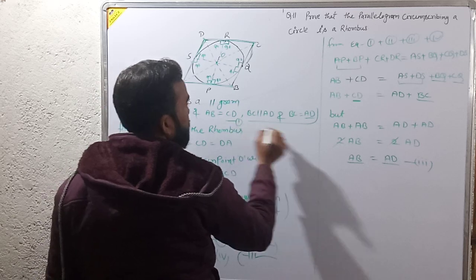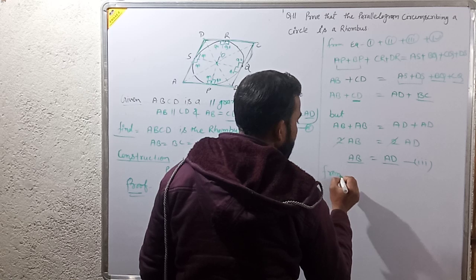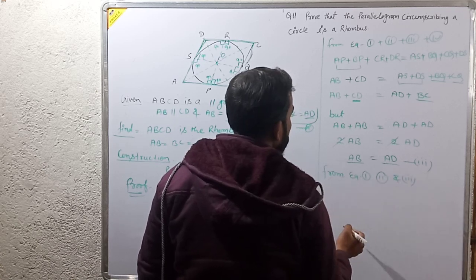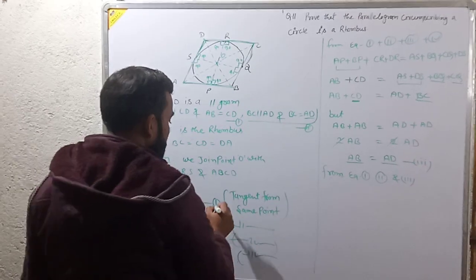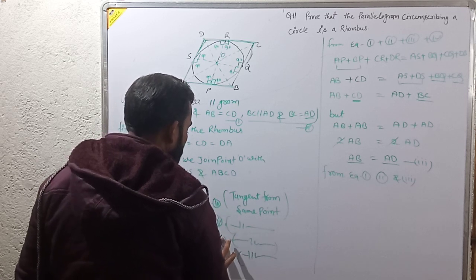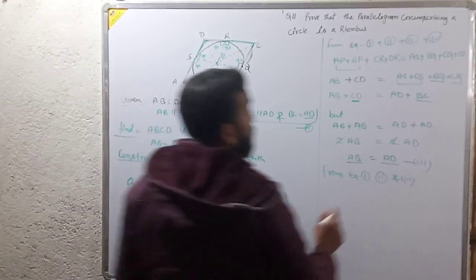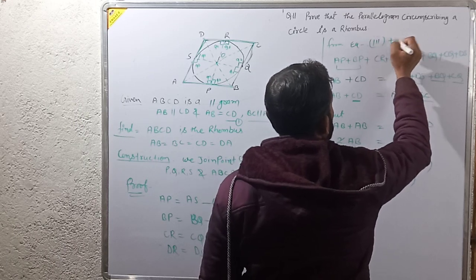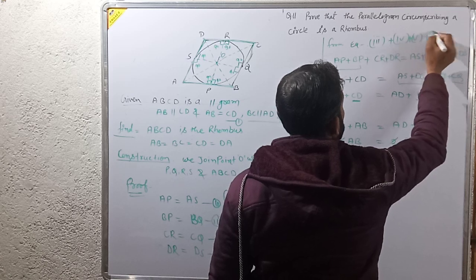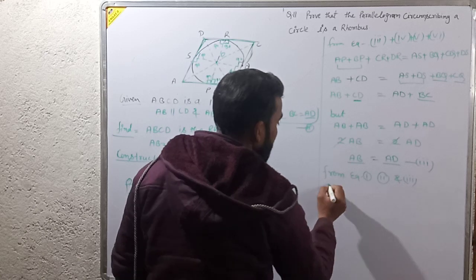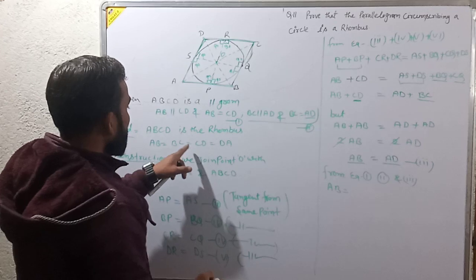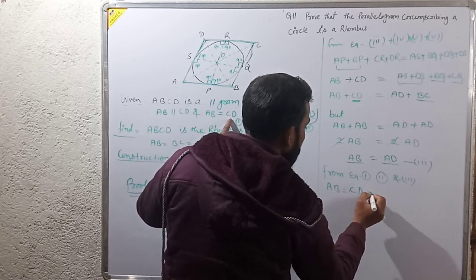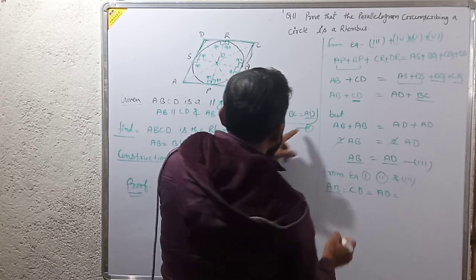This is equation number third. And let us suppose this is first, this is second. From equations first, second and third, fourth, fifth, sixth, we have AB is equal to CD, and AB is also equal to AD, and AD is equal to BC.